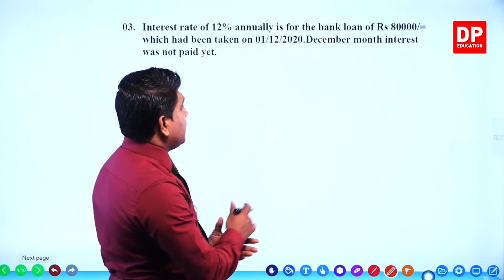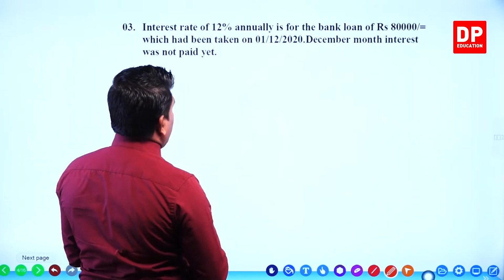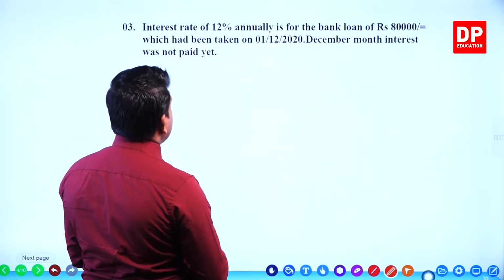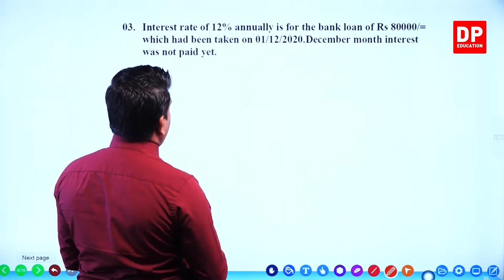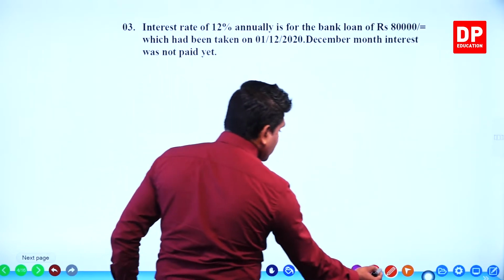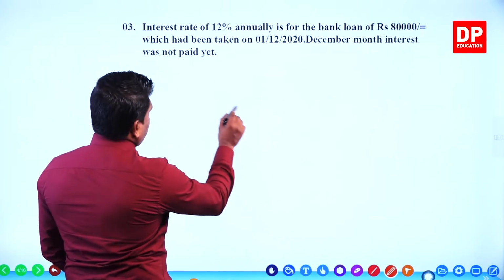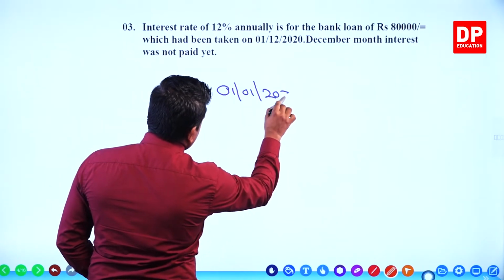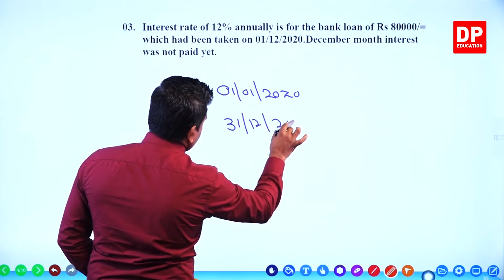Here again I read the adjustment transaction. Interest rate of 12% annually is for the bank loan of 80,000 which had been taken on 1st of December 2020. The accounting period starts on 1st of January 2020 and the year ends 31st December 2020, right?